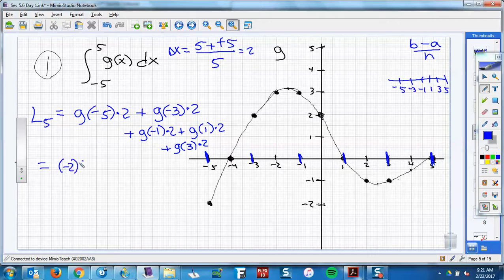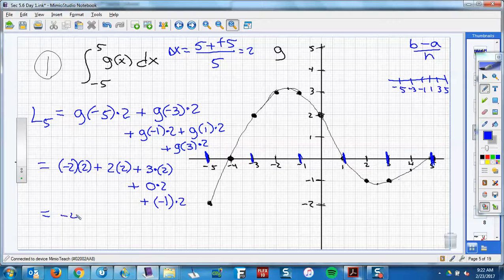-2 times 2 plus. I think it's a good idea to write this. If it was a quiz, I definitely would write this because you'd get partial credit. Maybe you just screwed up one of those numbers. g of -3 is 2 times 2 plus g of -1, 3 times 2 plus g of 1, 0 times 2 plus g of 3, -1 times 2.